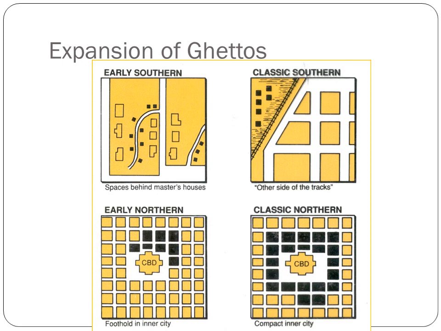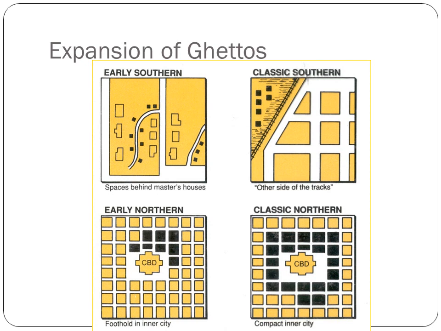It's the downtown area where a lot of retail, a lot of political decisions, financial decisions are made, okay? And so the expansion of the ghetto, you can see from the early northern to the classic northern, is in the area immediately surrounding the Central Business District, the downtown area, if you will.